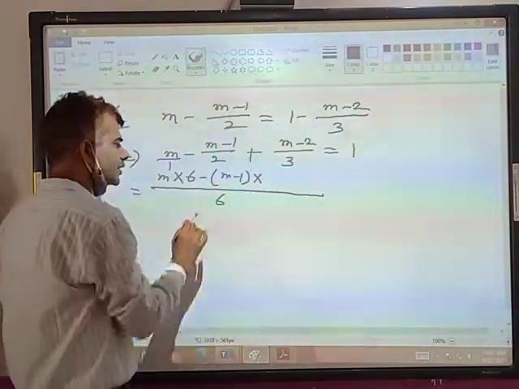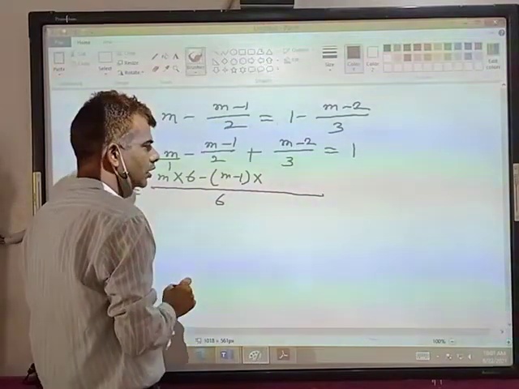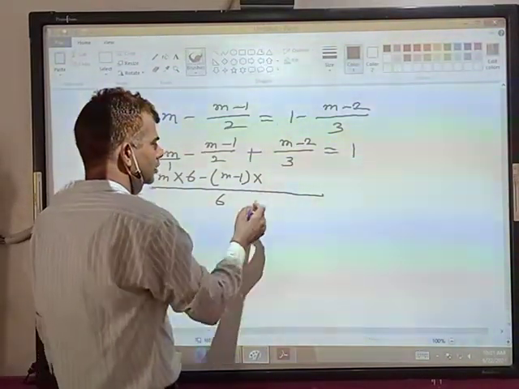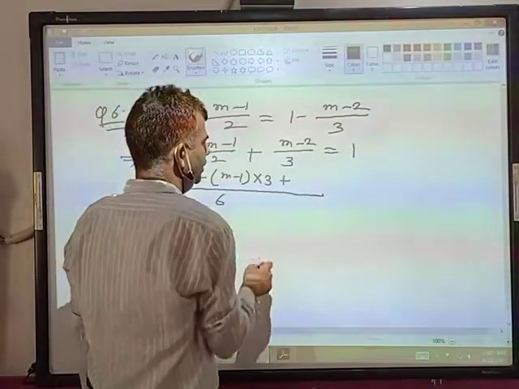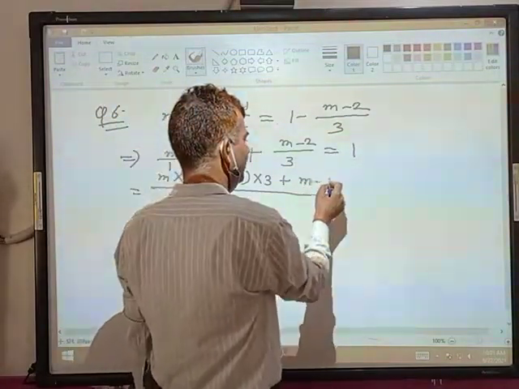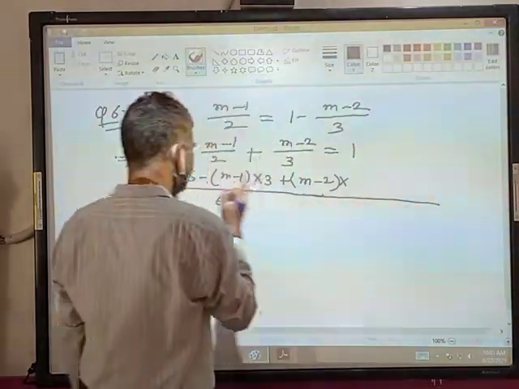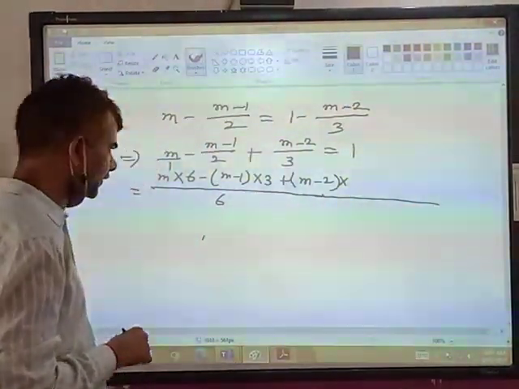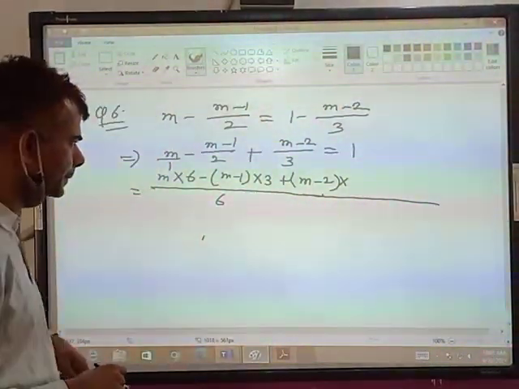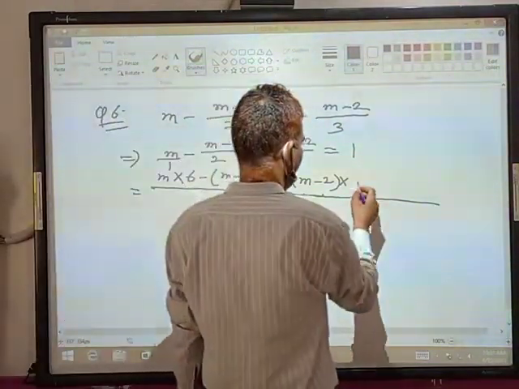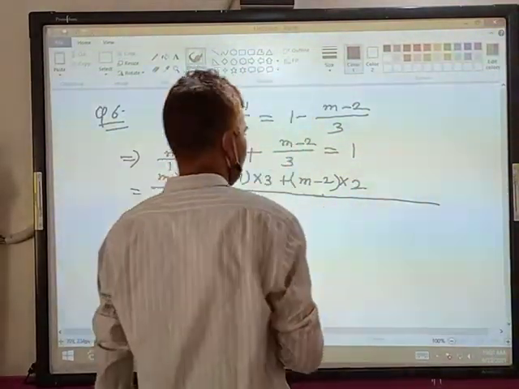How many times does 6 come in the table of 2? 3 times. Plus 3 times (n minus 2). Student, how many times does 6 come in the table of 3? 2 times.